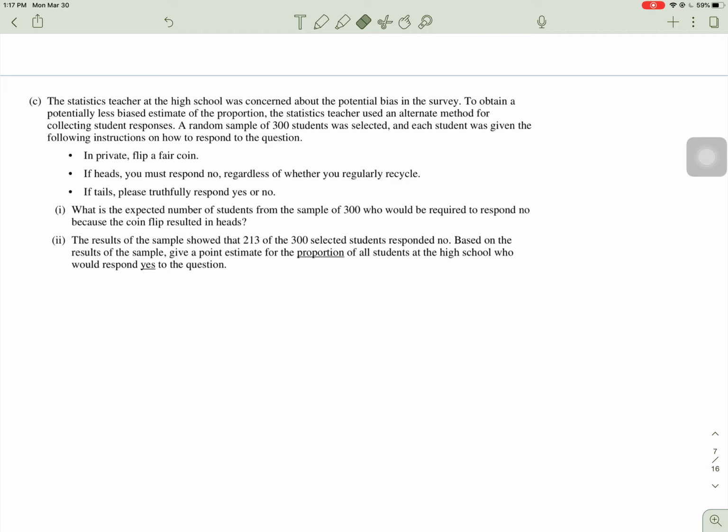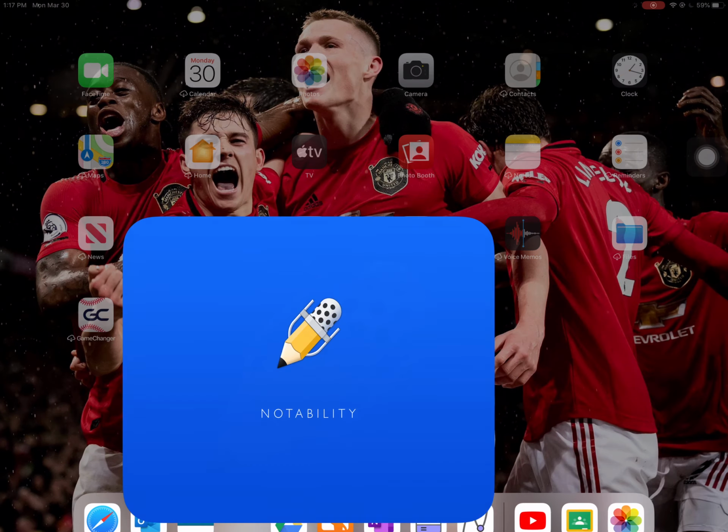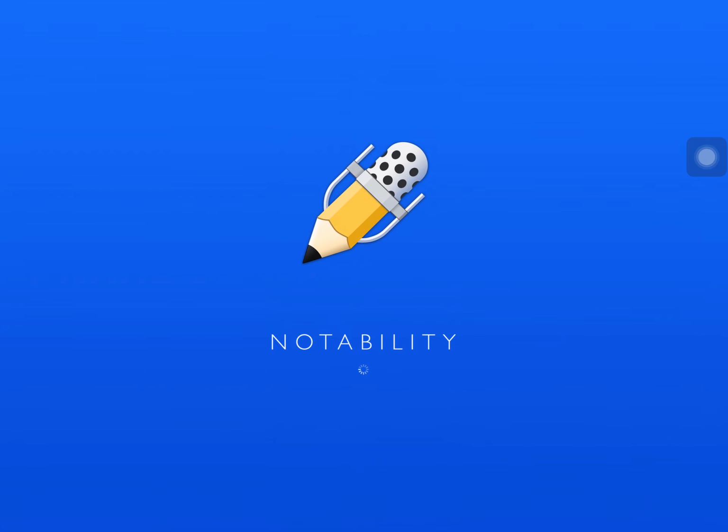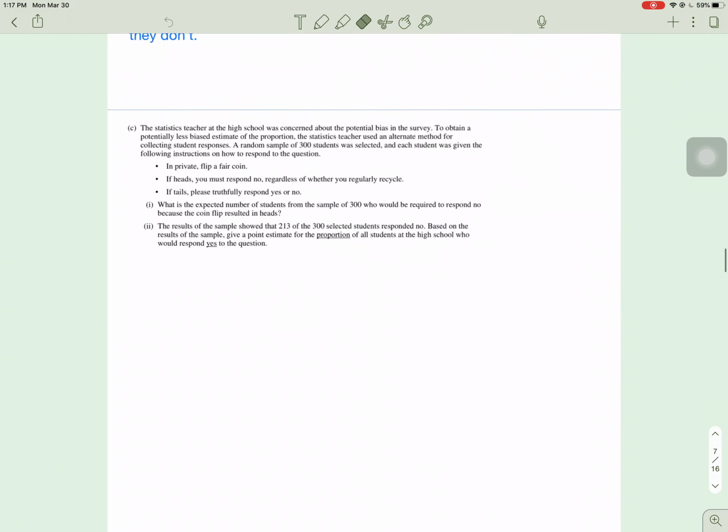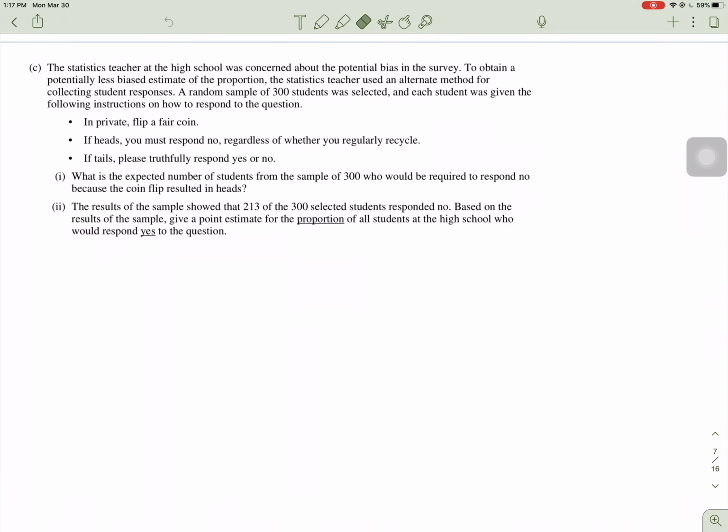So part 1 of question C says, what is the expected number of students from the sample of 300 who would be required to respond no because the coin flip resulted in heads? All right, great. Well, part 1 is nice and simple.